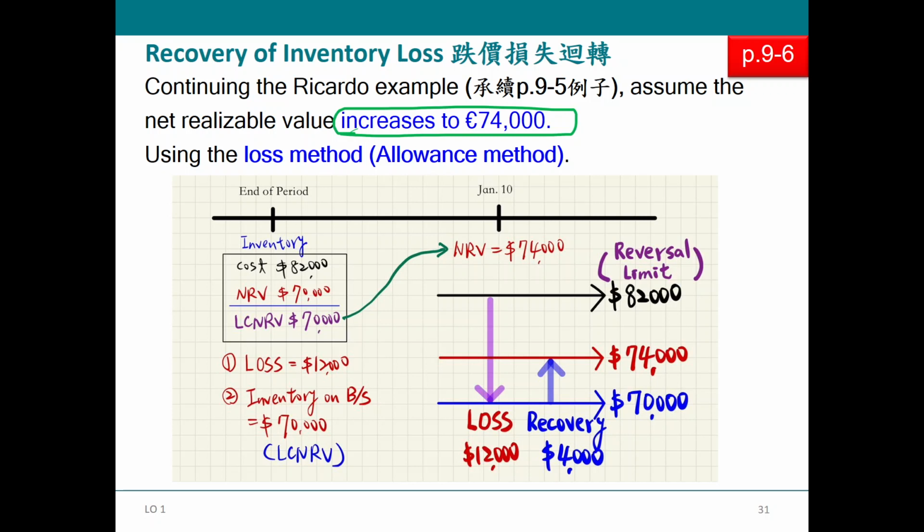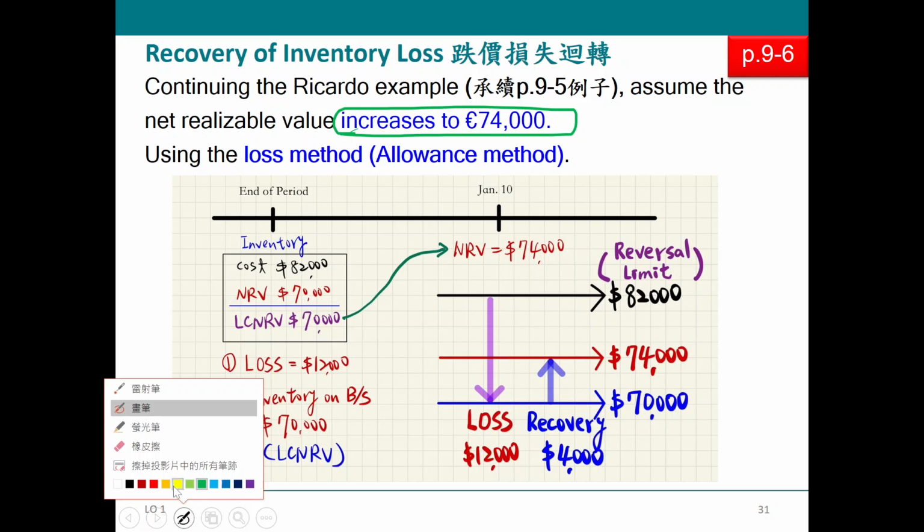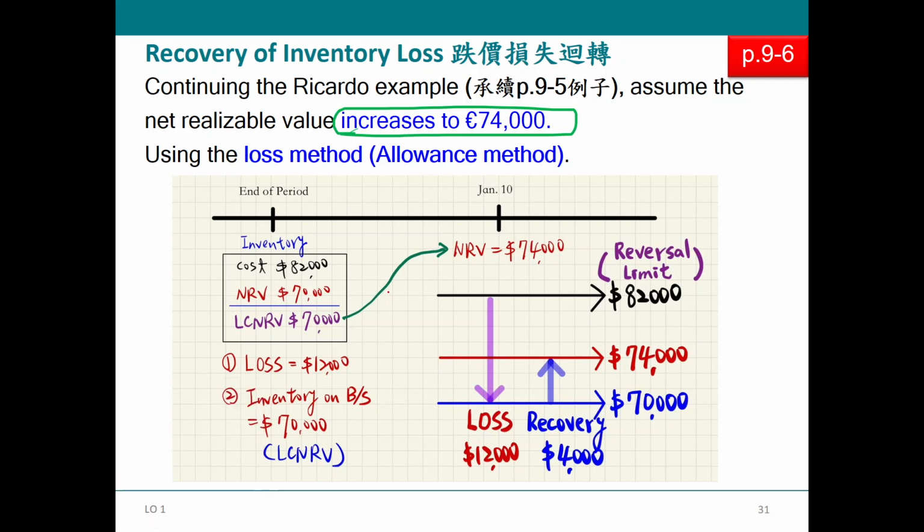At the same time, we told them our value decreased, we have a loss of $12,000. And later on, because of good news, your value increased to $74,000.